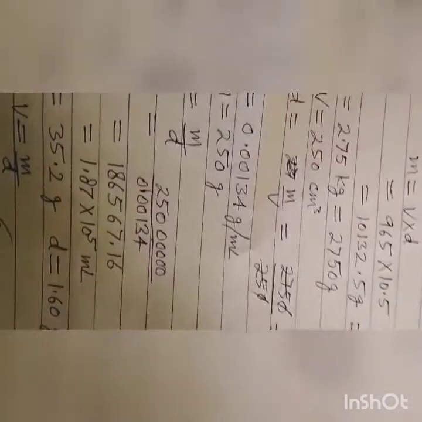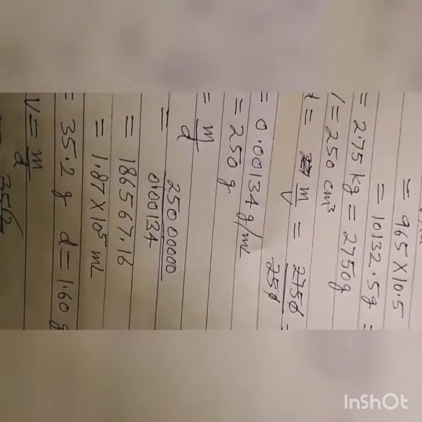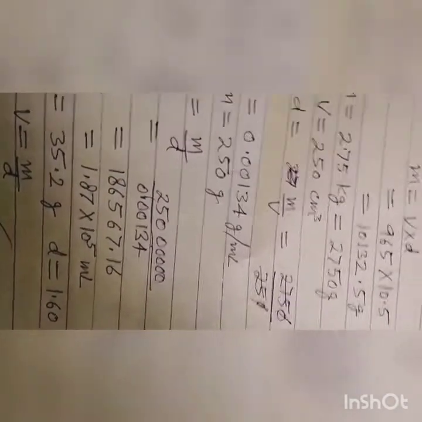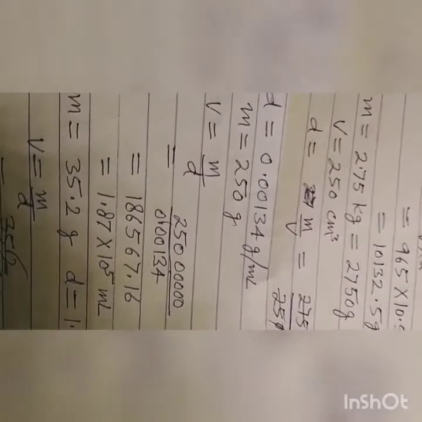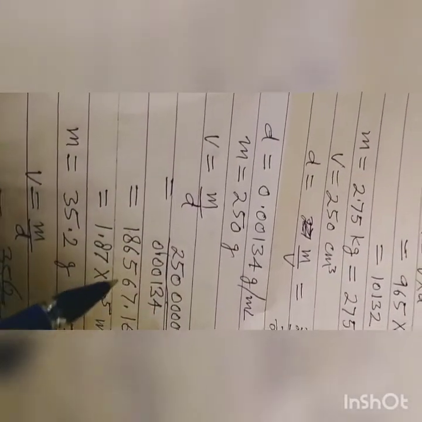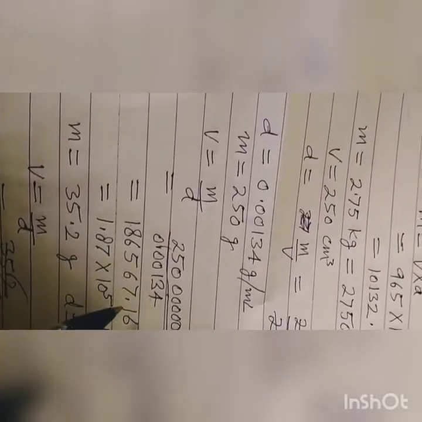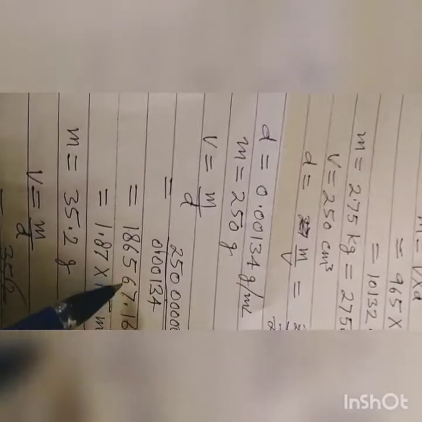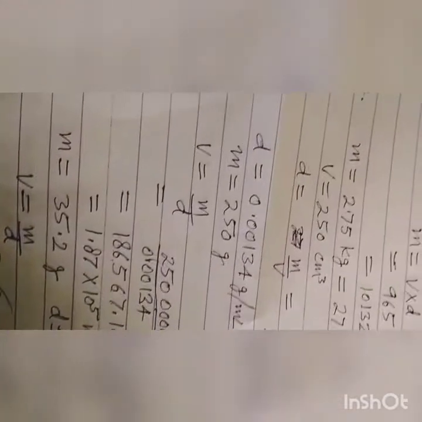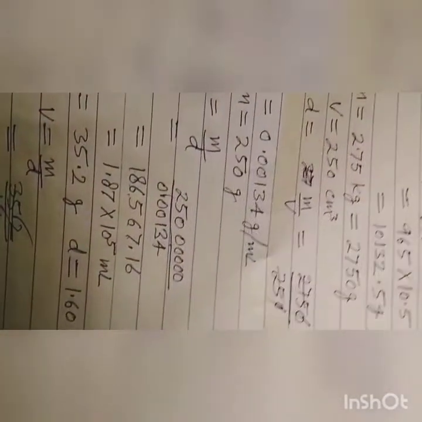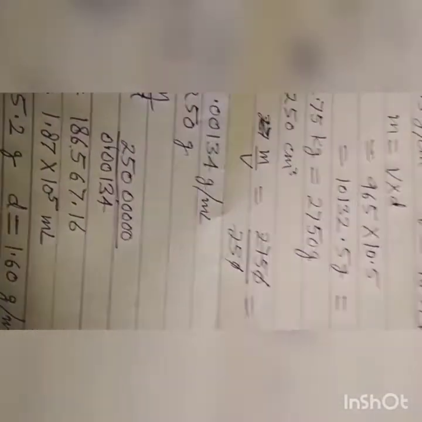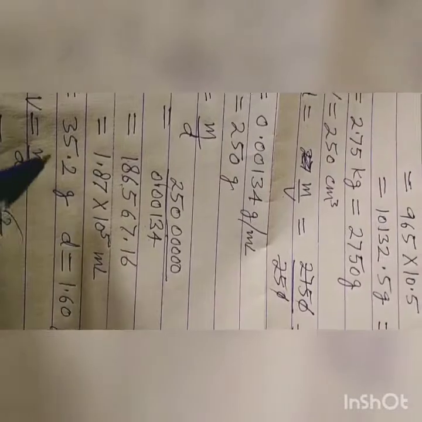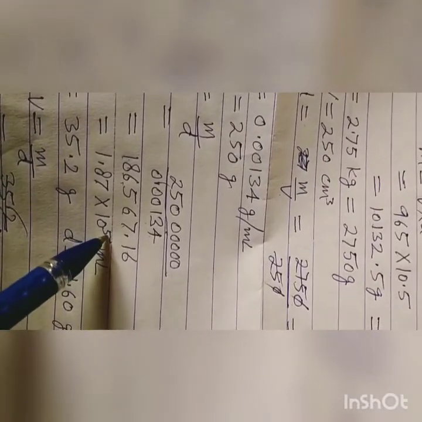Now again you have to write the number in significant figures. Your decimal should be after one digit here. How many places will your decimal move? 1, 2, 3, 4, 5. So 5 places your decimal is moving, so you will write here 10 to the power 5.